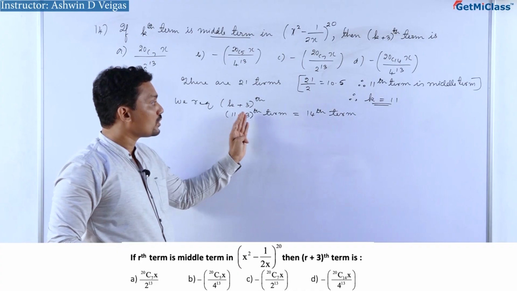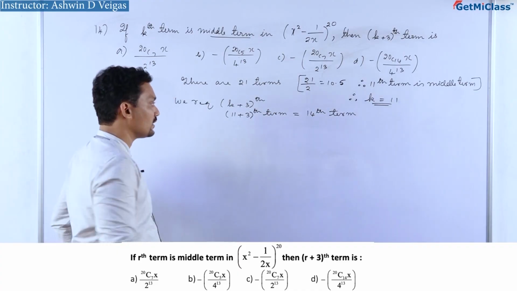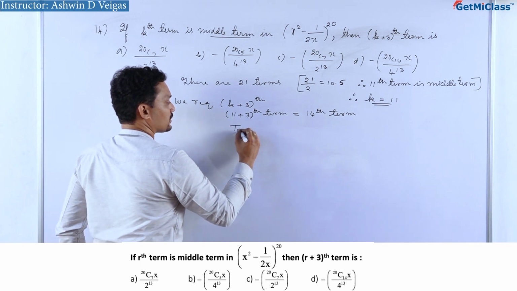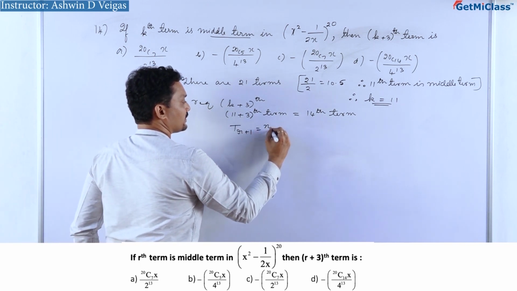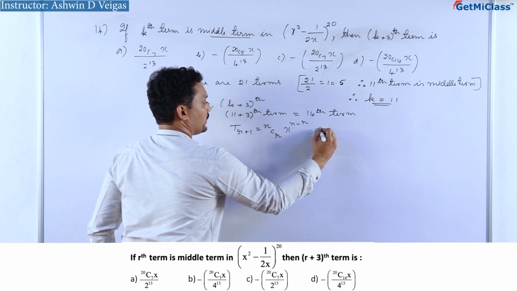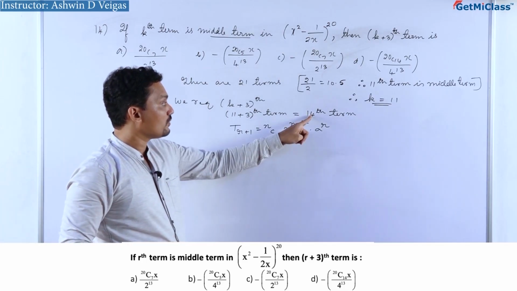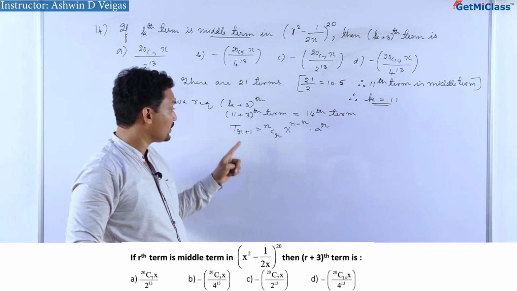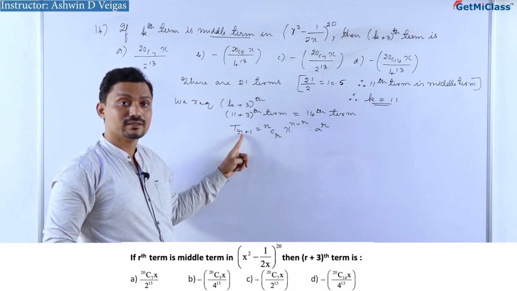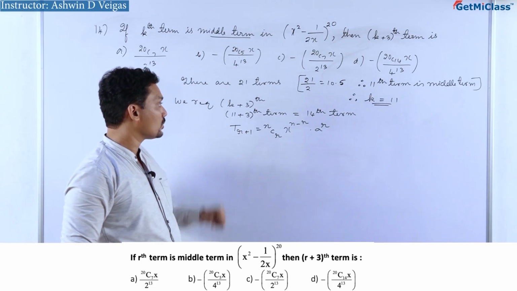Now if you want to find any term of the expansion, you have to use the general formula, that is T(r+1) = nCr x^(n−r) a^r. For the 14th term, the value of r will be 13 because 13 plus 1 will become 14. So for T14, r should be 13.